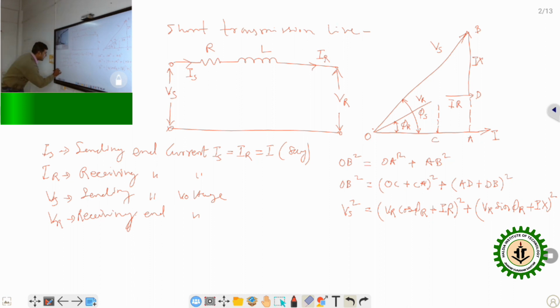And here phi r is the receiving end phase angle, phi s is the sending end phase angle. Okay.